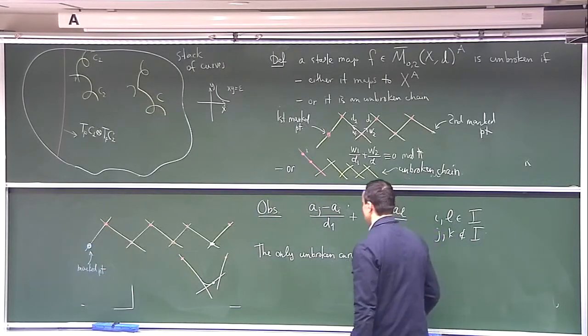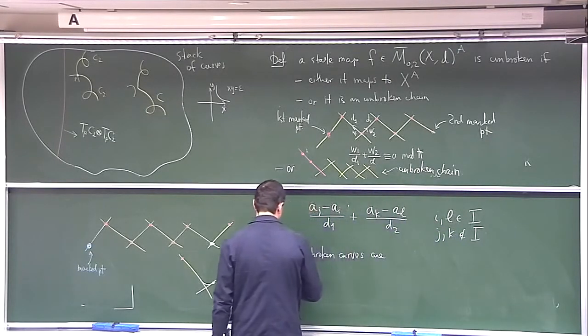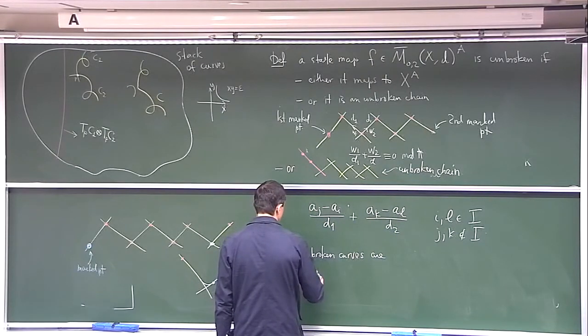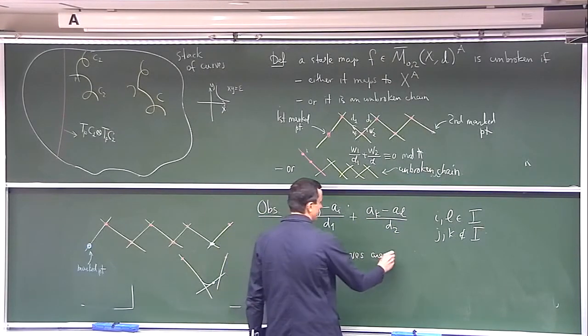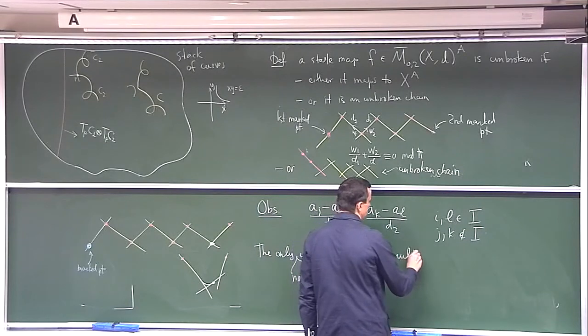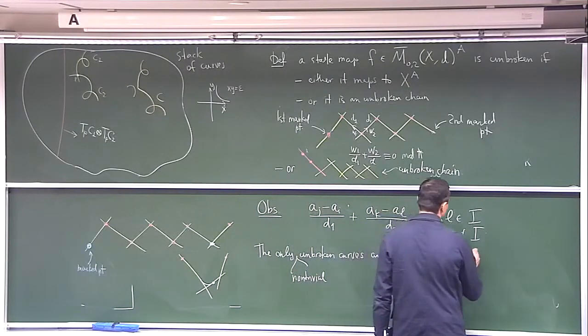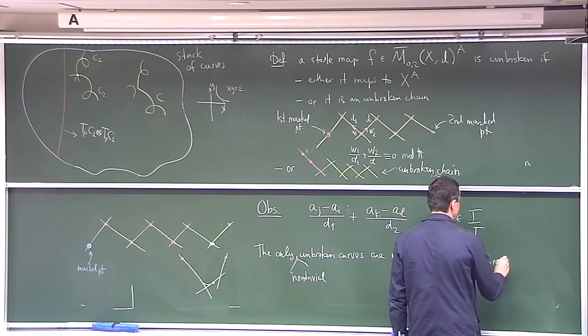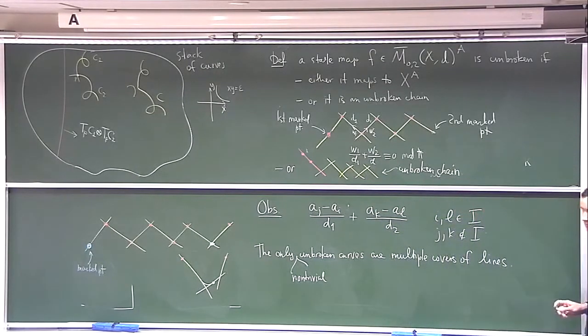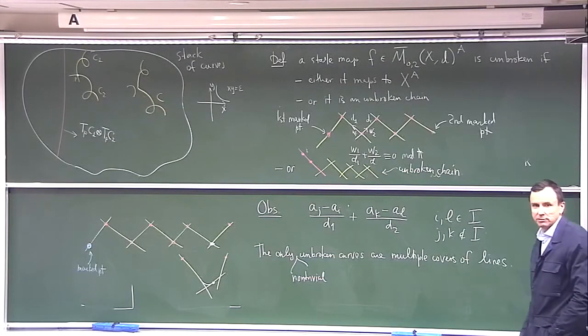The only non-trivial unbroken curves are multiple covers. Once. Anything else you don't have to compute, because anything else is going to give you something which is divisible by h bar squared.